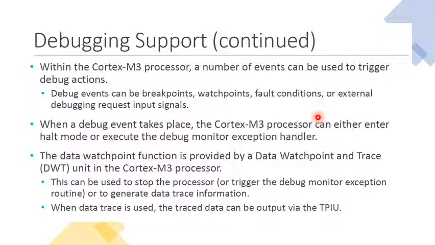Or in terms of hardware, if the cable is not working or the communication is not happening, that is also a fault condition. Or an external debug request, which is the same thing again. If you take the UART as an example, whatever the user is sending, the same thing should be communicated.